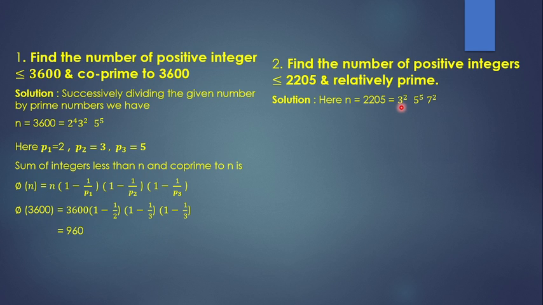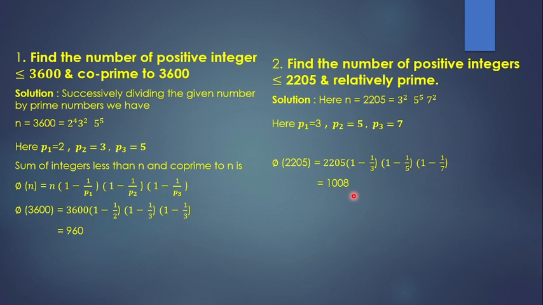So here p1 equals 3, p2 equals 5 and p3 equals 7. Substitute as we have done in the earlier example. Substitute all those p's in the given equation, that is phi of n equals n into that, and simplify this expression. You have phi of 2205 equals 1008.